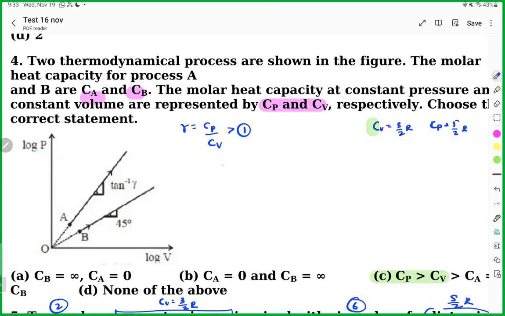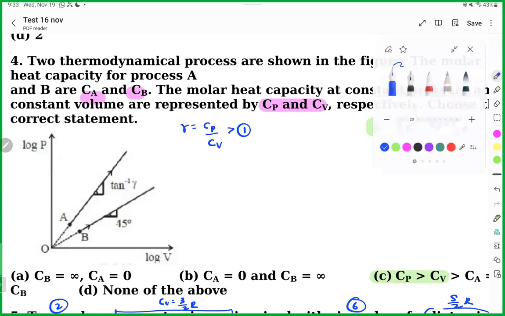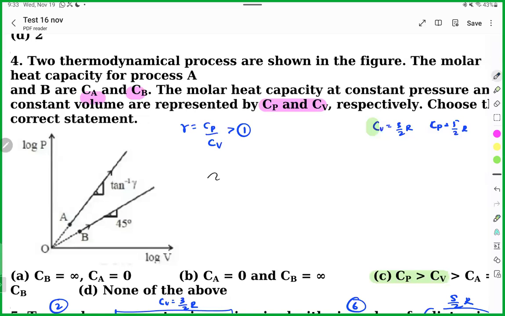So can we say, according to the graph, this graph, in first graph like this, this is log P, this is log V. This is some angle, theta, correct? And we are saying कि this tan inverse gamma is equal to log P by log V. Yes, sir.